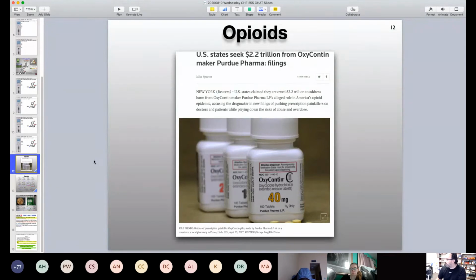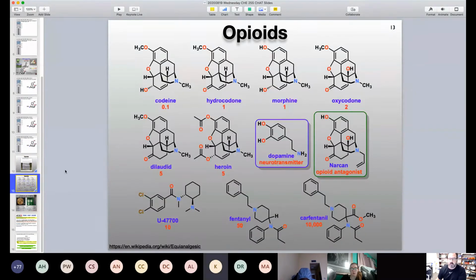So I said it's not the most potent analgesic. So here are some that you've probably heard of in the news. And I have down here this word equianalgesic. The red numbers that you see are basically relative to morphine. Again, morphine is extracted from a plant, so it's a natural product, as they say.